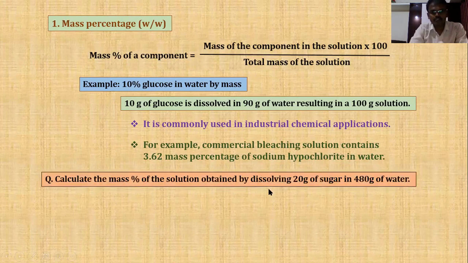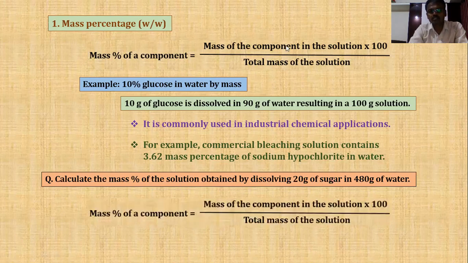So let me quickly solve a simple problem based on this and then stop the discussion in this recording. Calculate the mass percent of the solution obtained by dissolving 20 grams of sugar in 480 grams of water. How do you do it? As usual, you apply the formula: mass percentage of a component is equal to the mass of the component in the solution into 100, divided by the total mass of the solution.